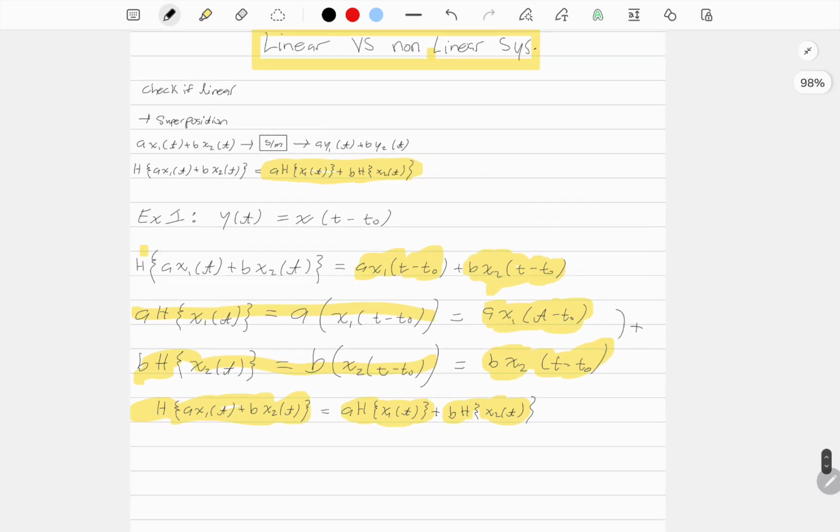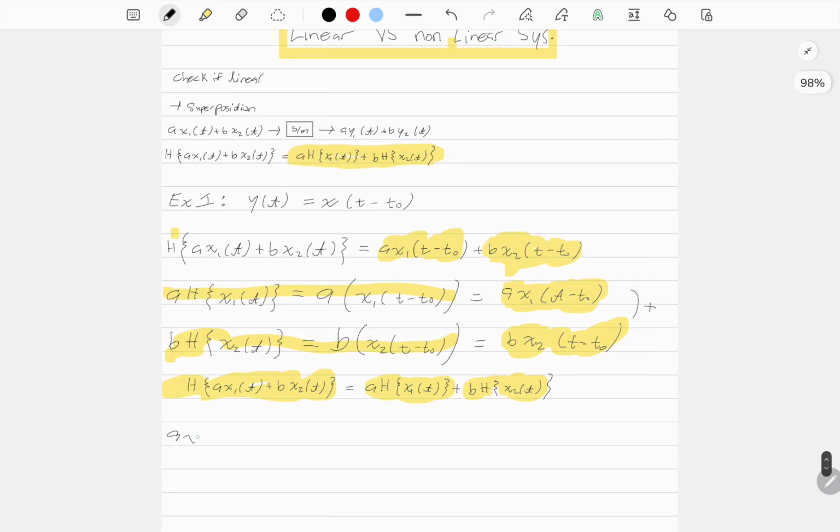So if I also rewrite it, it'd be a x1 of t minus t naught plus b x2 of t minus t naught is equal to, and I'm just writing this equation, a x1 of t minus t naught plus b x2 of t minus t naught.